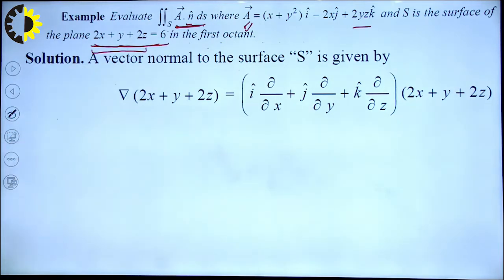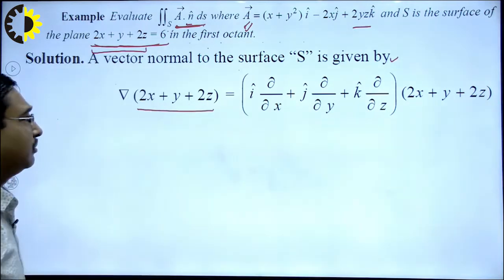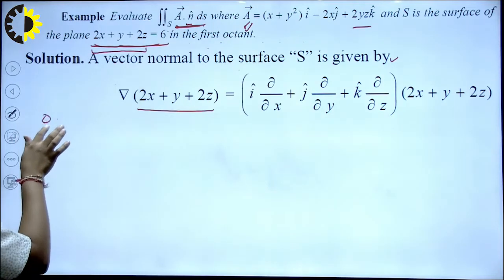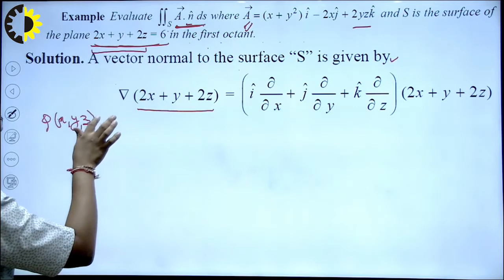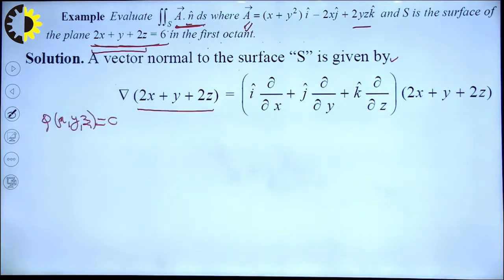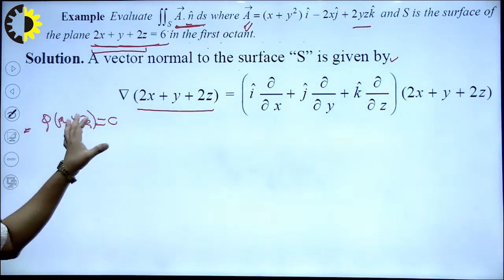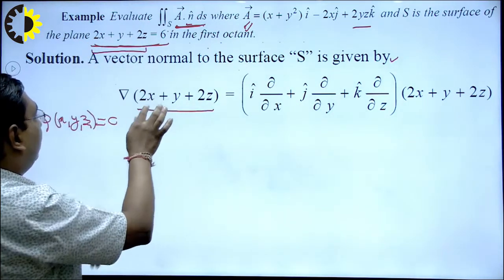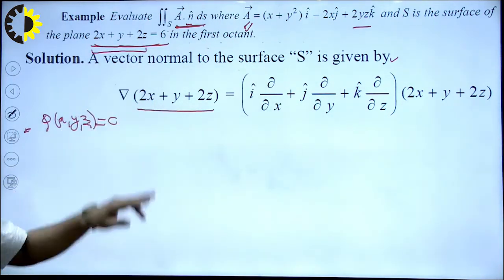A vector normal to the surface S is given by the gradient of this, because I recall that the equation phi(x, y, z) equal to c was the equation of a surface, and if I consider this left hand side, then its gradient gives the normal vector to this surface. So, here the value of phi will be 2x plus y plus 2z. So, we are calculating the gradient of this function.